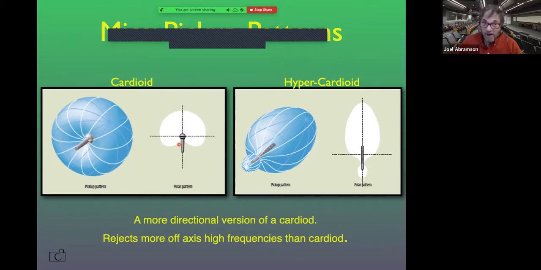It has a front end and a back end of the microphone. This would be the front end, and this would be the part where it doesn't pick up as much, so it rejects more off-axis high frequencies, right? When you get a directional pickup pattern, you have an axis.